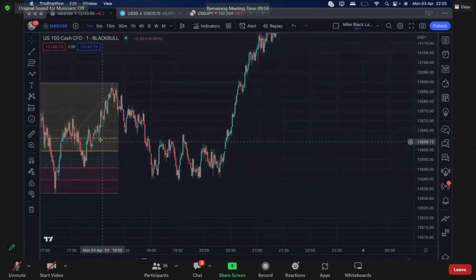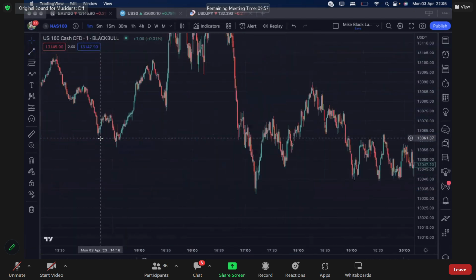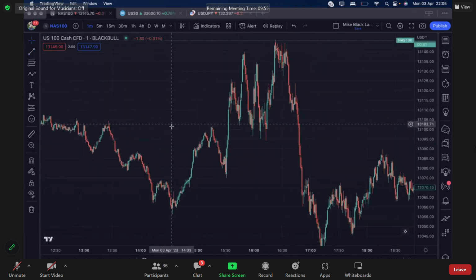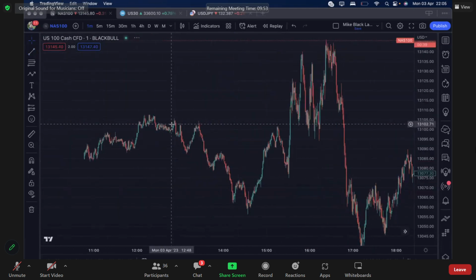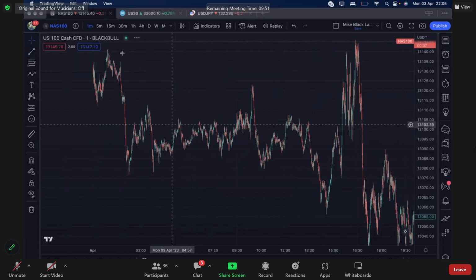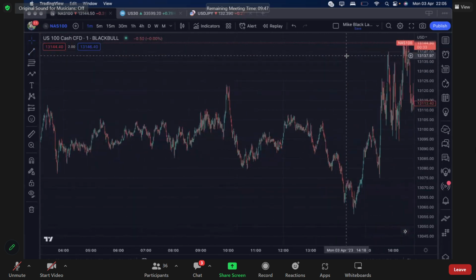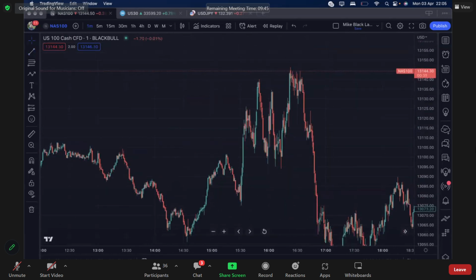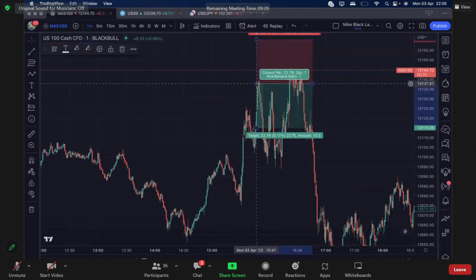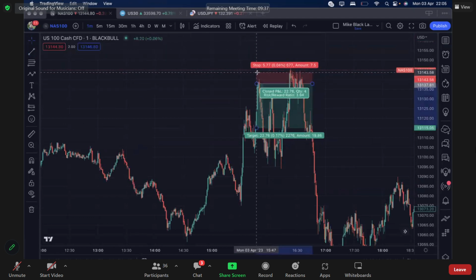To show you a live example of what I did this afternoon, right? So this was the equal highs that it created here. So it was at this area. Okay. So I entered on a sell at this area. This was my sell. That was my stop loss.